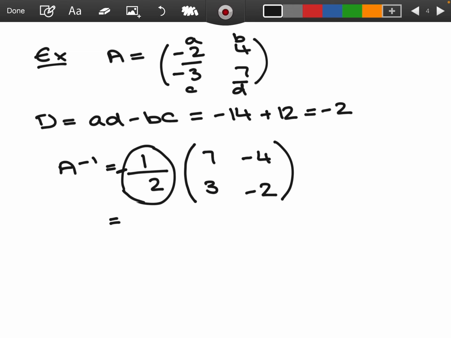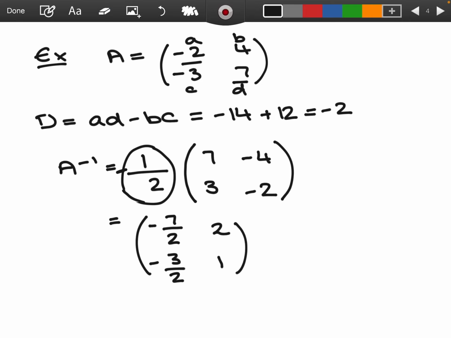You can pull that negative out the front. So your matrix now becomes -7/2, and then -1/2 multiplied by -4, the negatives cancel out, and I get 4/2, which is just 2. Then I get -3/2, and -1/2 multiplied by -2, the negatives cancel out, I get 2 divided by 2, which gives me 1.